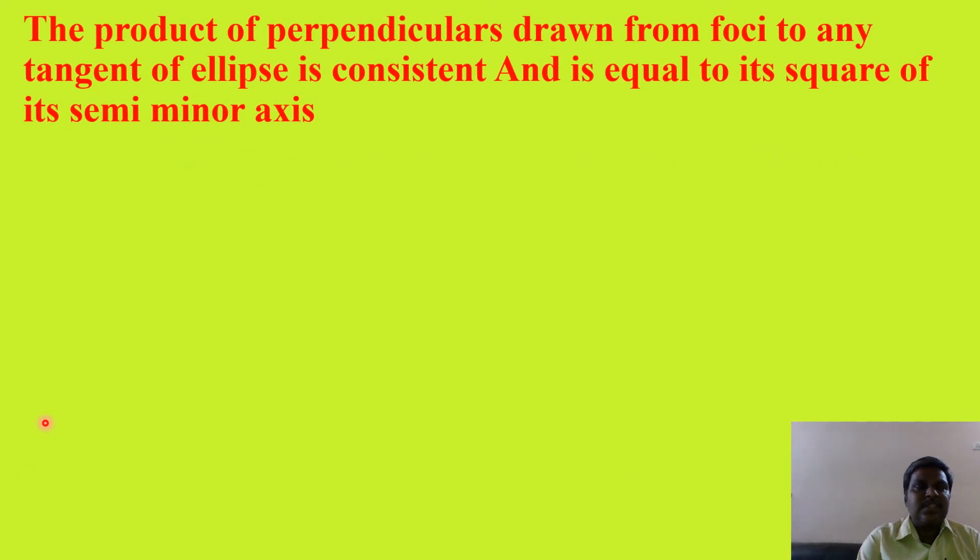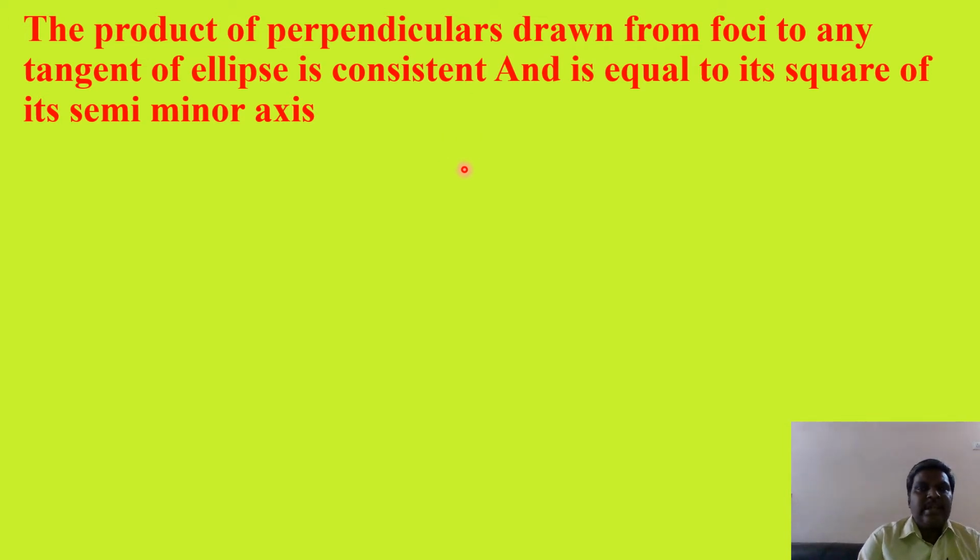This is the property. The product of perpendiculars drawn from foci to any tangent of ellipse is constant. That constant is equal to the square of its semi-minor axis. You take any ellipse.